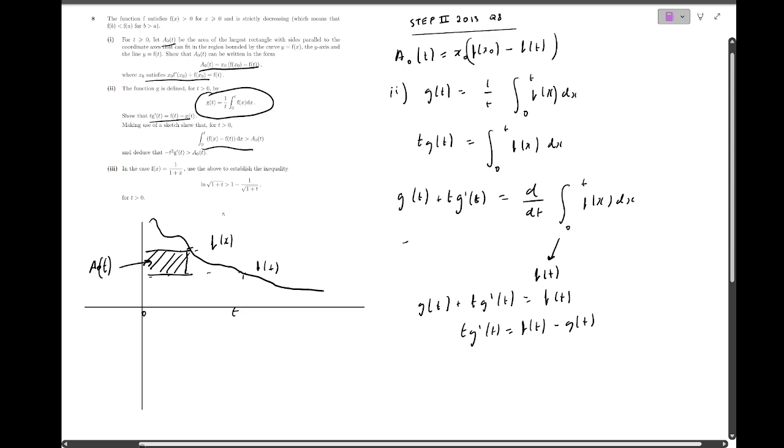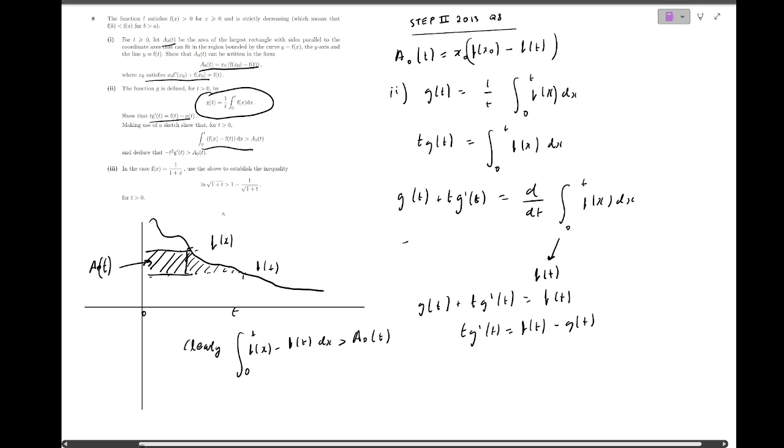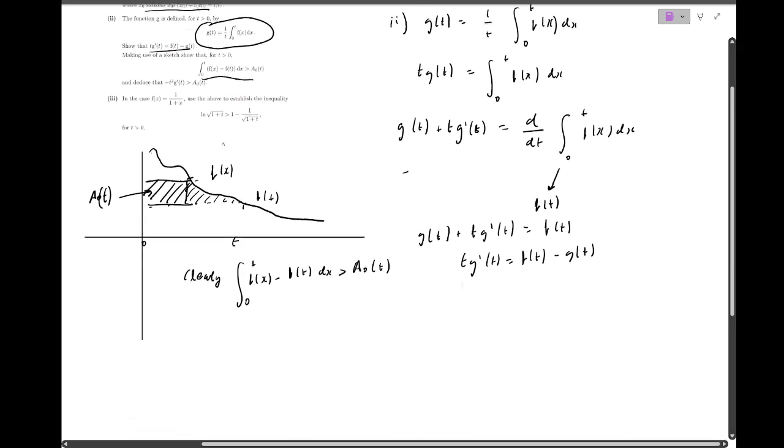So the integral would end up being this rectangle plus this part here. So clearly the integral from 0 to t of f of x minus f of t dx is greater than a naught t, because the integral is covering more than the rectangle. Not too hard.